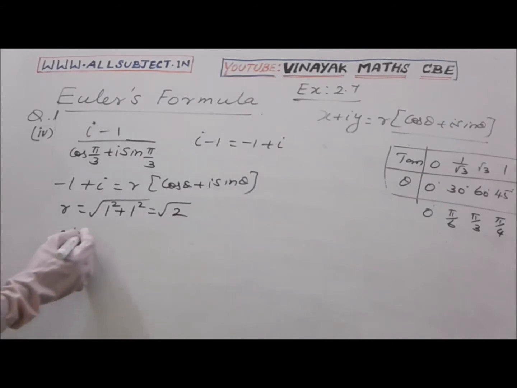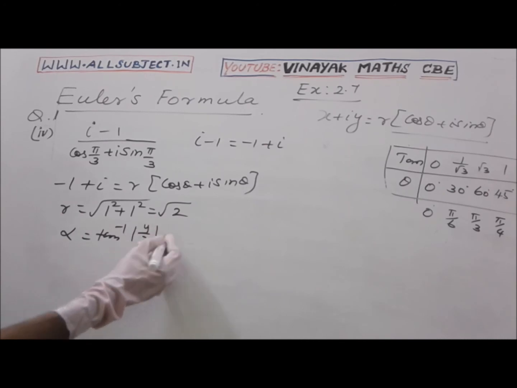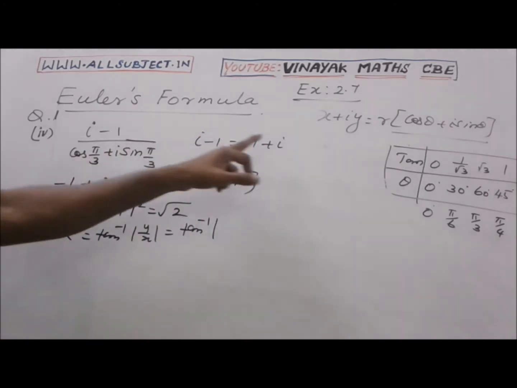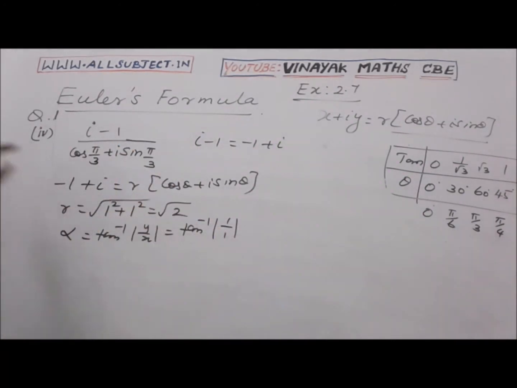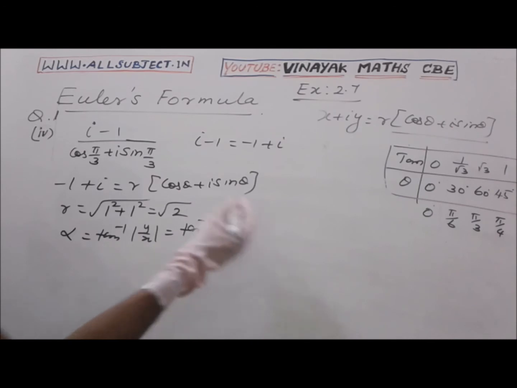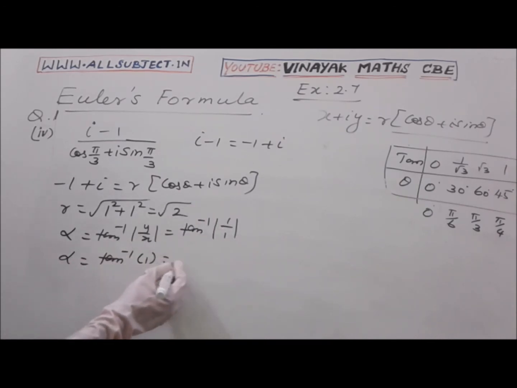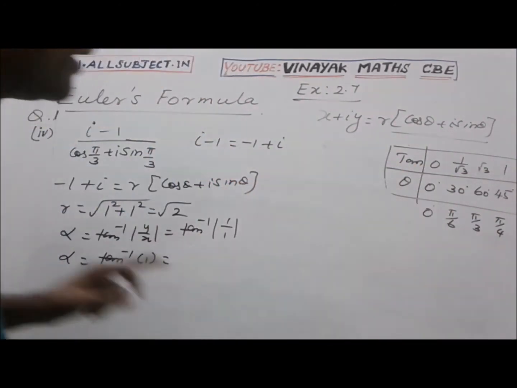Now alpha equal to tan inverse of modulus of y by x, that is tan inverse of 1 by 1. Because of the modulus, it is considered as positive. So alpha equals tan inverse of 1. Tan inverse of 1 means we have 45 degrees. Writing in radians it is pi by 4.